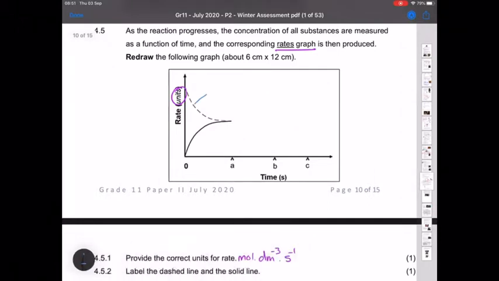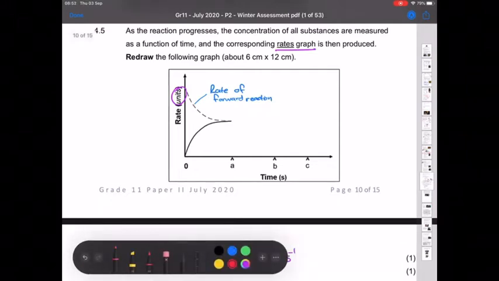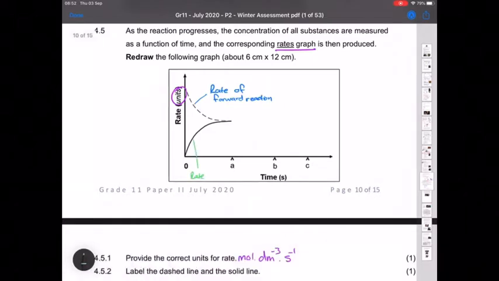So the dashed line represents the rate of the forward reaction. If that's the rate of the forward reaction, then this is the rate of the reverse reaction. So there's the forward reaction and the reverse reaction.